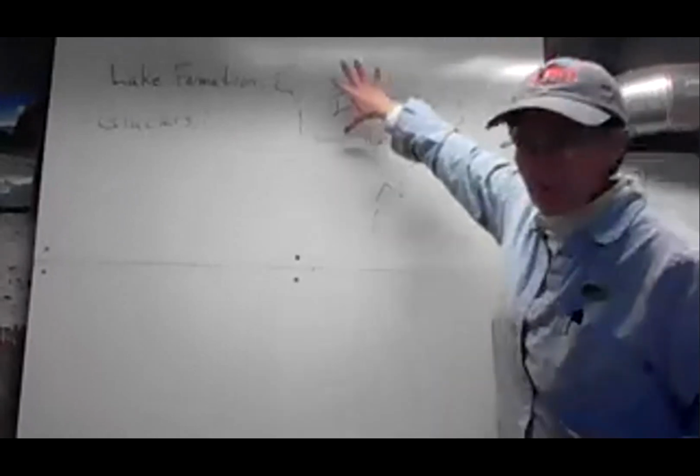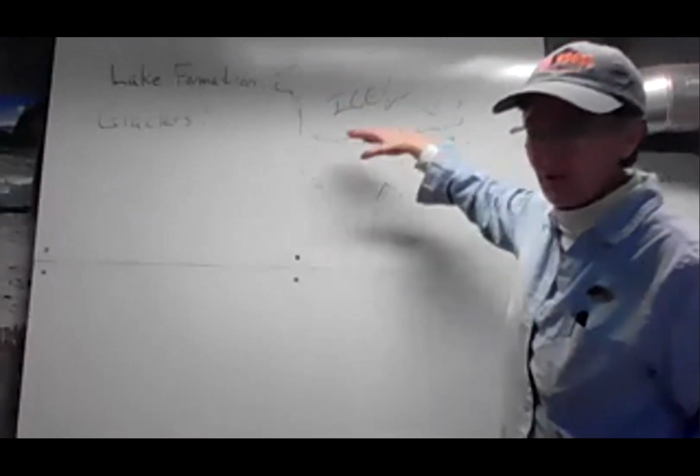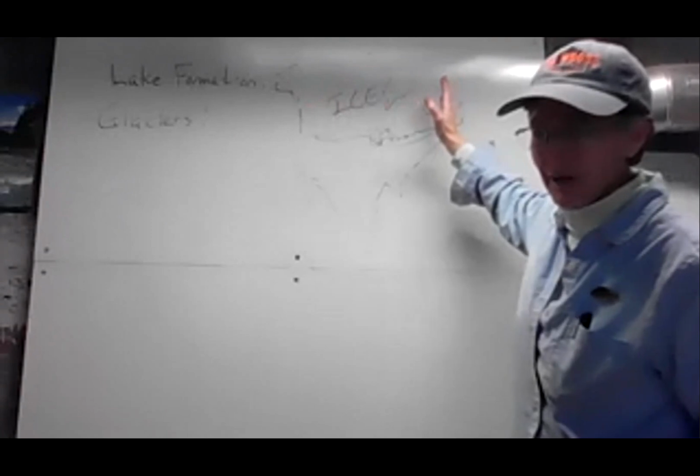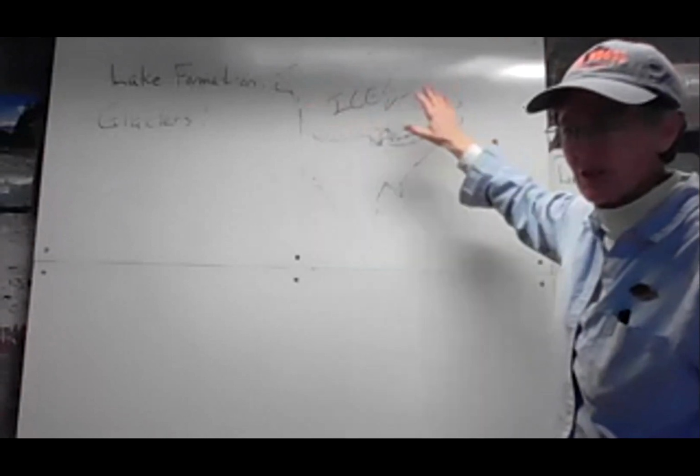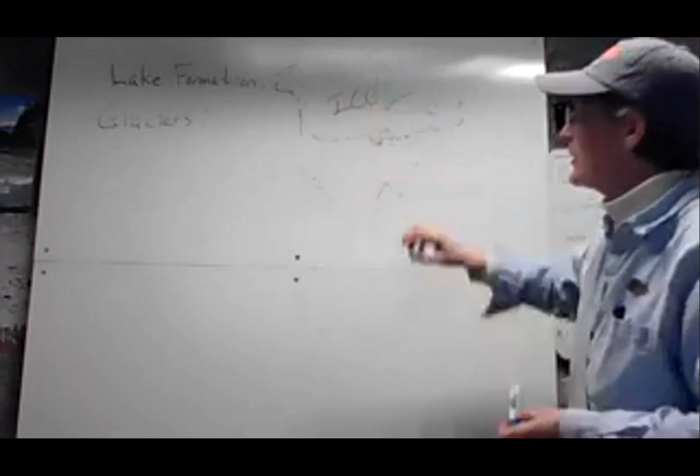And at the peak of the last glaciation, this is basically all of Canada and parts of the northern tier of states completely covered with ice.